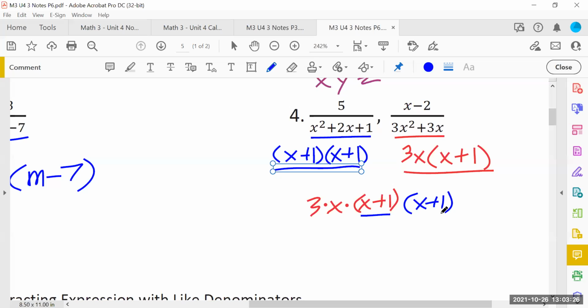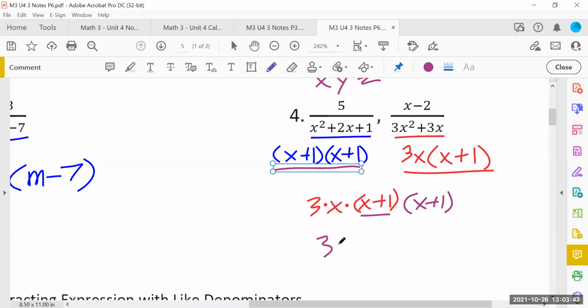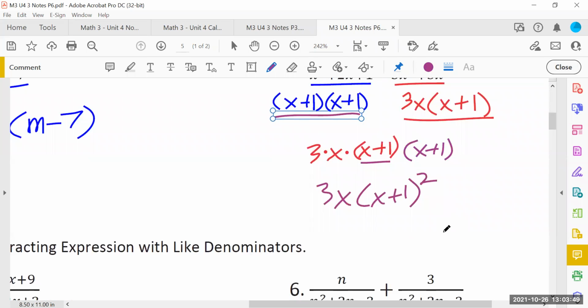I go to the red one here. I say I have enough x plus 1s, but I need a 3 and an x. So that I have all the pieces I need to make either fraction with as little repetition as possible. So I can either leave it like this, or I could rewrite this as 3x times x plus 1 squared. If you wanted, you can write it like that to make it a little bit more condensed.